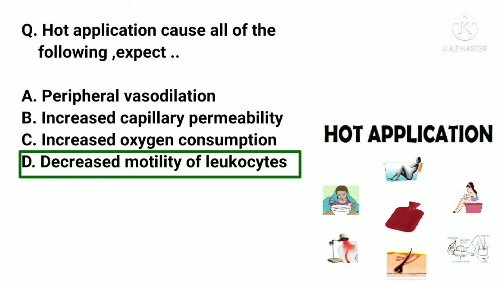Hot application causes peripheral vasodilation, increased capillary permeability, increased oxygen consumption, increased metabolism, decreased blood viscosity, decreased muscle tone, increased blood flow, increased lymph flow, and increased motility of leukocytes.